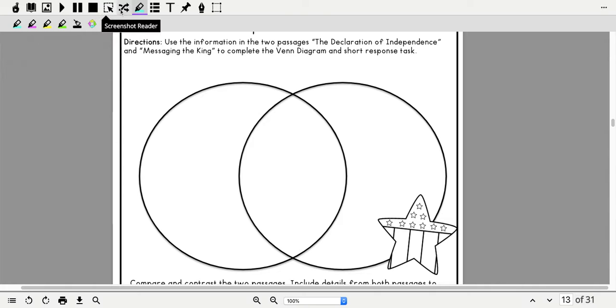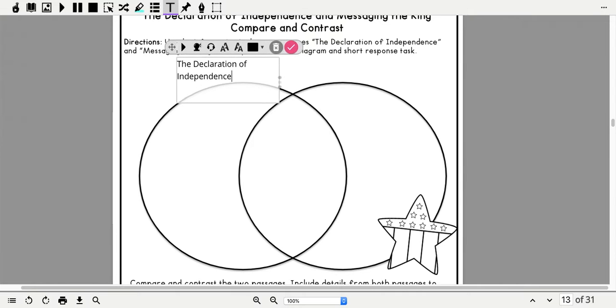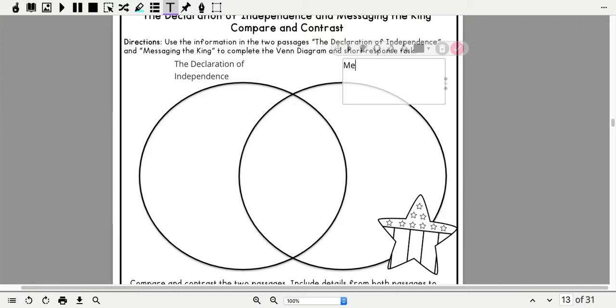On this side, we are going to put things from the Declaration of Independence, and on this circle, we're going to put things that are just in Messaging the King.